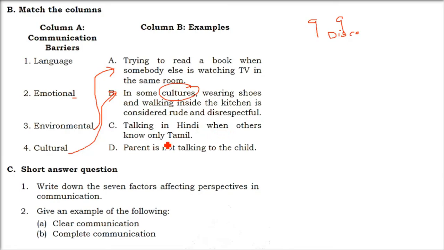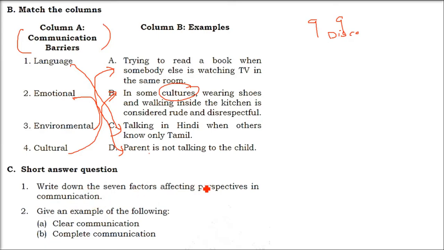Talking in Hindi, when others know only Tamil, now that is a language barrier, that is the language problem. The other person doesn't know what you're speaking. Now emotional, I told you earlier, 2 will match to D. So now it's very correct that we actually match what the content wants us to match. Okay. So these are the communication barriers.